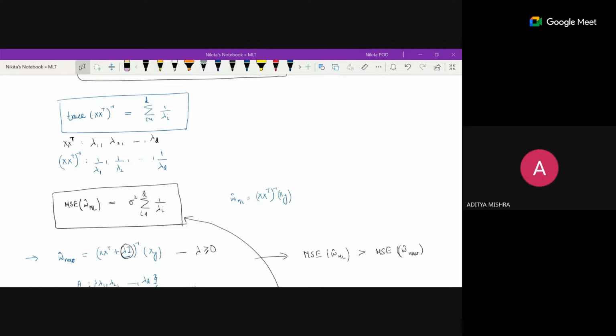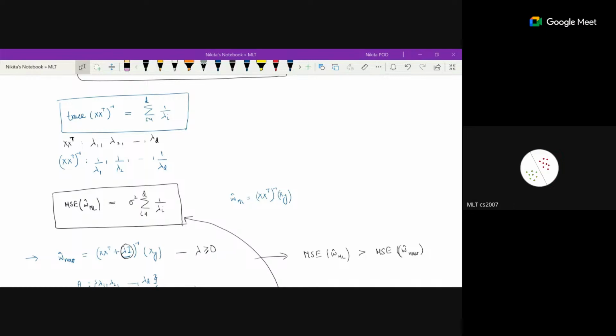More up. So trace of XX transpose inverse will be summation of 1 by lambda I. It is because lambda I is the eigenvalue of XX transpose. Yes, this is what we got, assuming this result. And then the MSE of W hat ML we got as sigma squared summation I equal to 1 to d of 1 by lambda I. Correct.